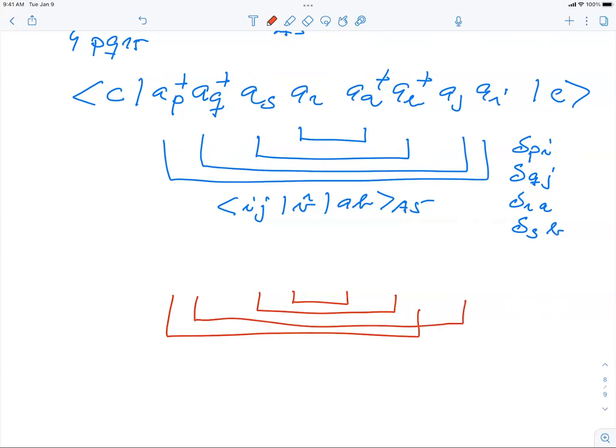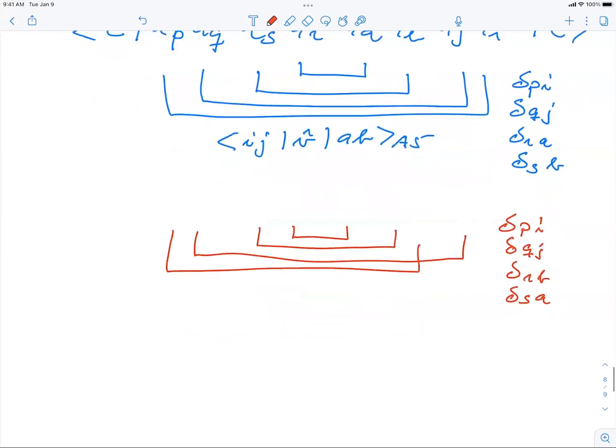So in this case, I have a delta P of I, a delta Q of J, and then I have a delta R of B and a delta S of A. That's going to give me a matrix element which goes like JI V AB, anti-symmetrized.